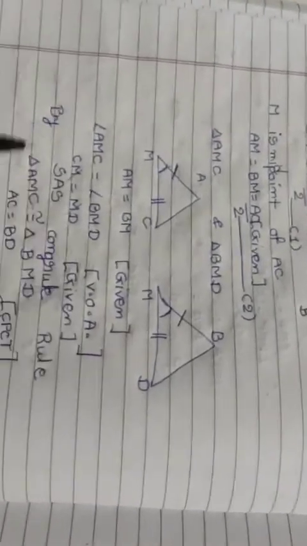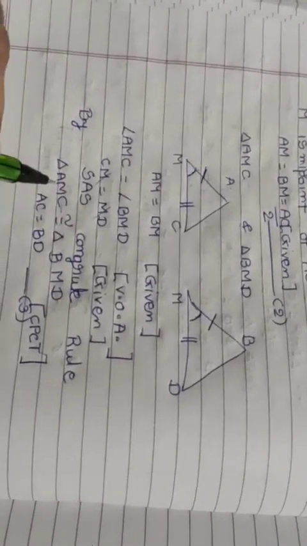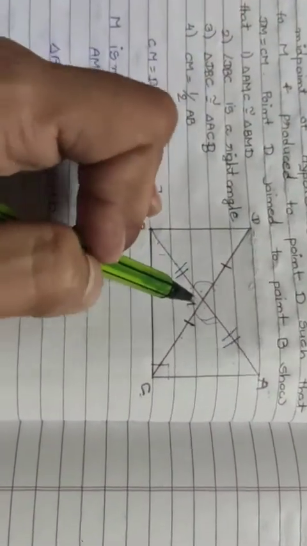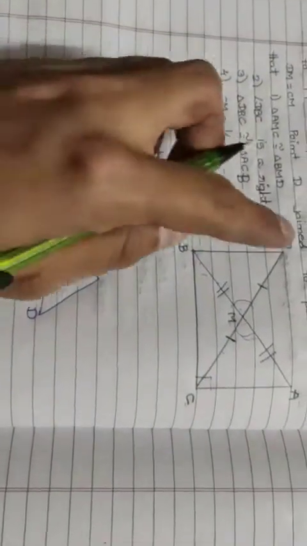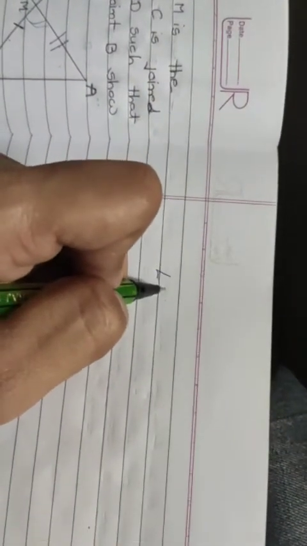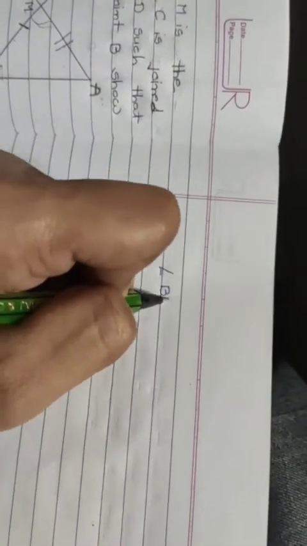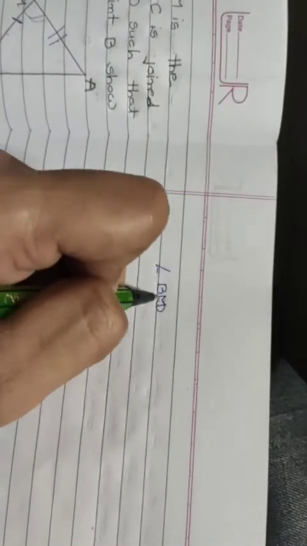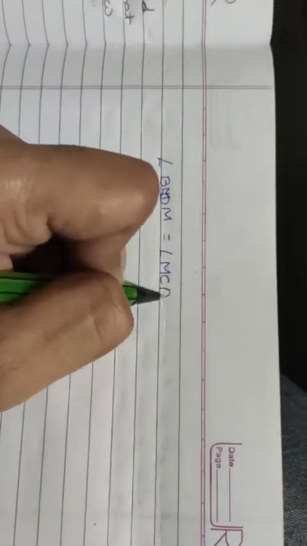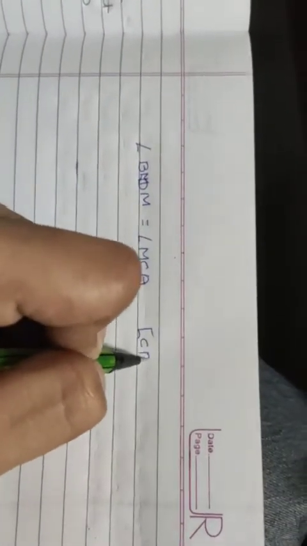We will number this result 3. And one another thing is that angle BDM is equal to angle MCA, so D is equal to C, so we can definitely write angle BDM is equal to MCA by CPCT rule.